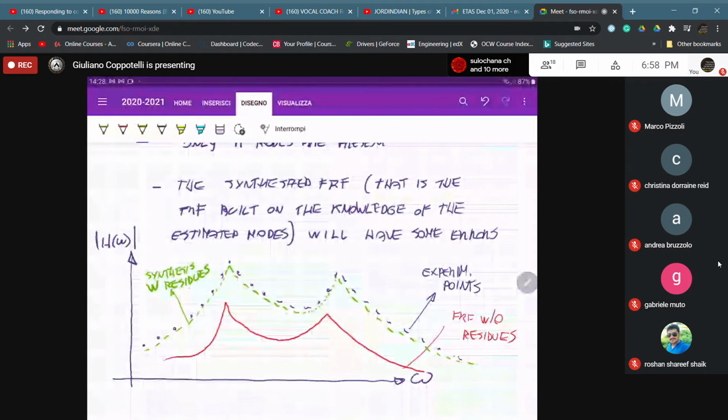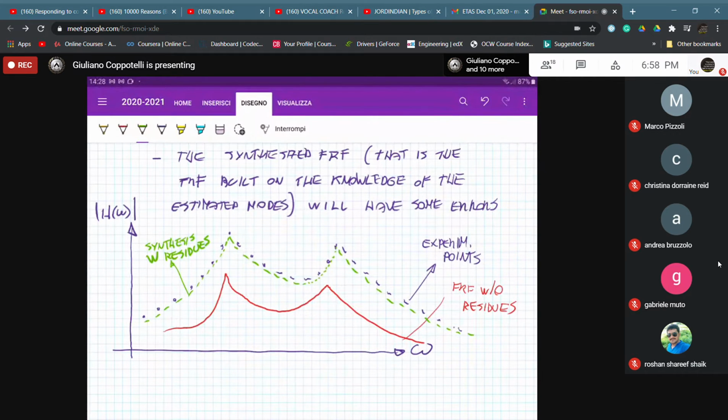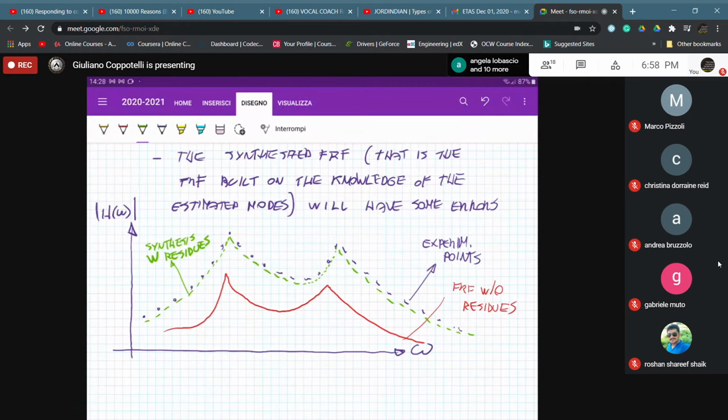Okay, so this aspect is very important. Every time that you have to characterize your system, the first step is to identify, of course, your model parameters in terms of natural frequencies, damping ratio, and shapes, but also don't forget to estimate your residual terms because that is the overall effect.